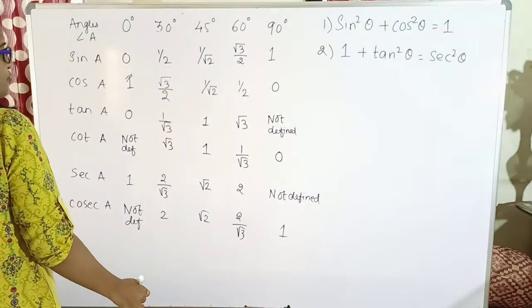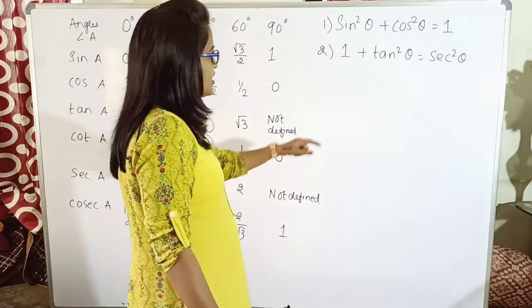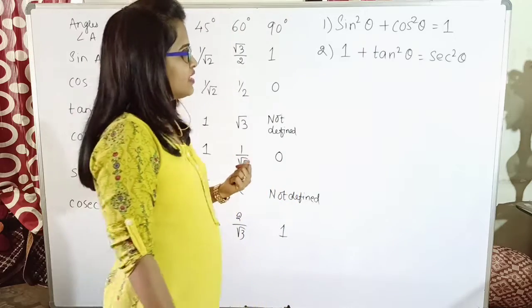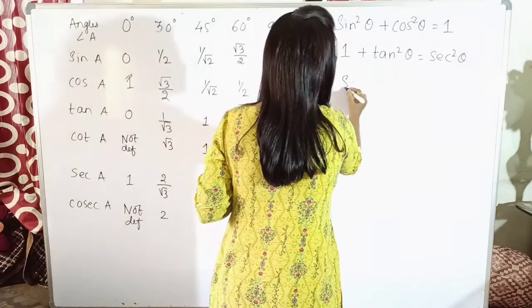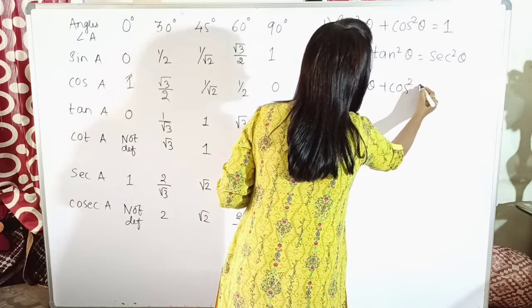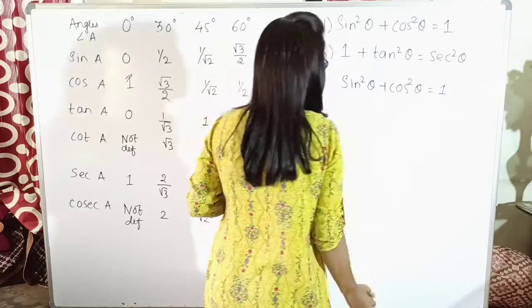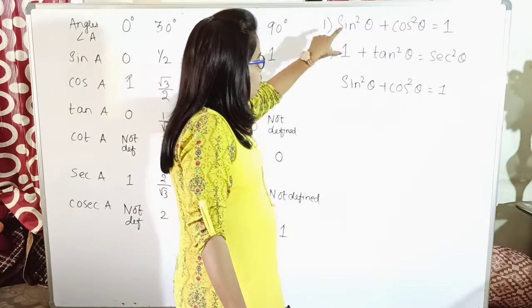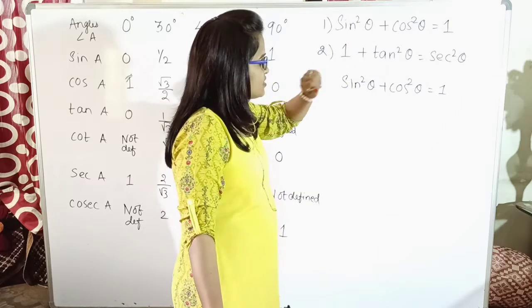Now, how are we going to prove it? Let us take the first identity which we have proved and let us see if we could make any changes in it. Since we have proved it, I don't have to prove it again. So sine square theta plus cos square theta is equal to 1. Fair enough. I want 1 plus tan square theta equal to sec square theta.